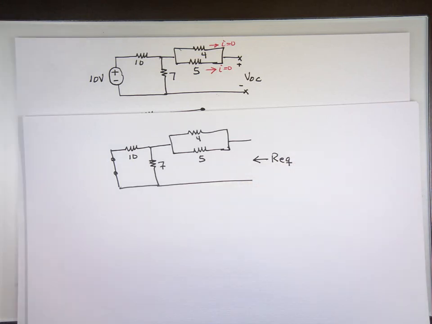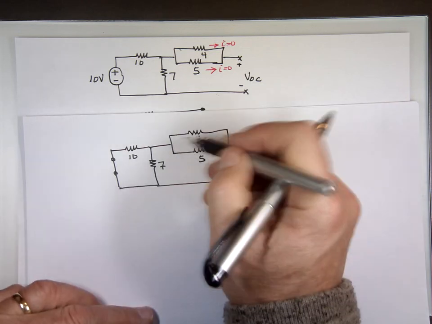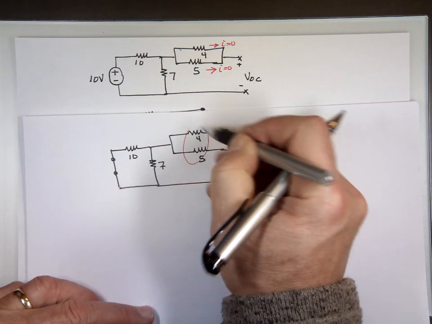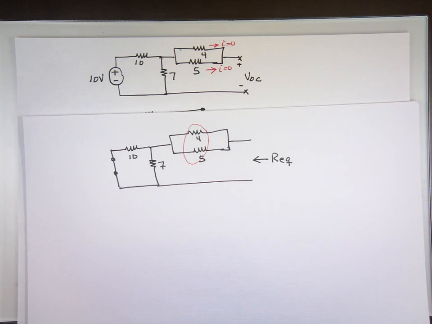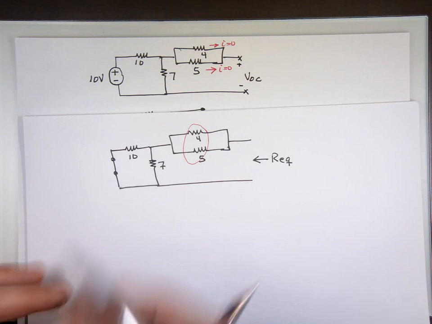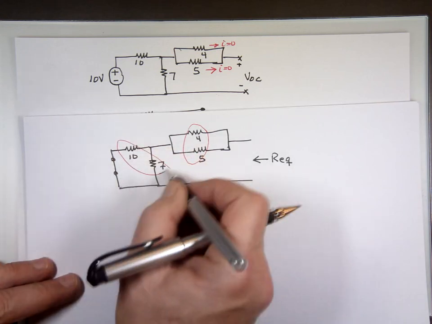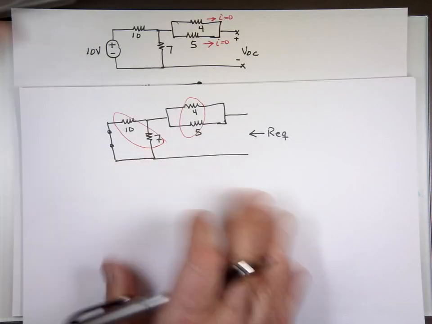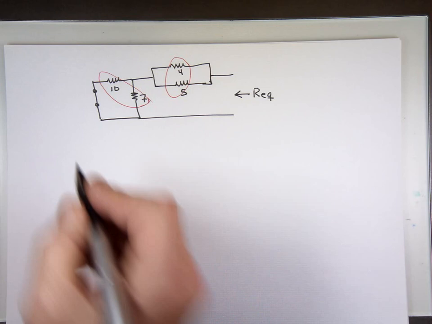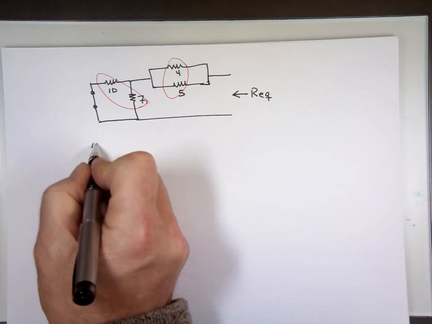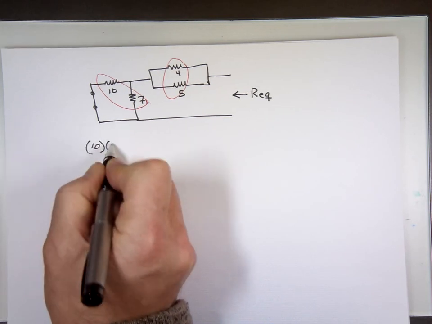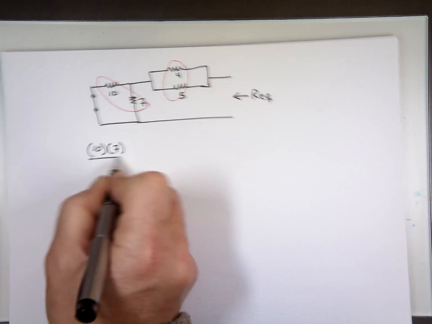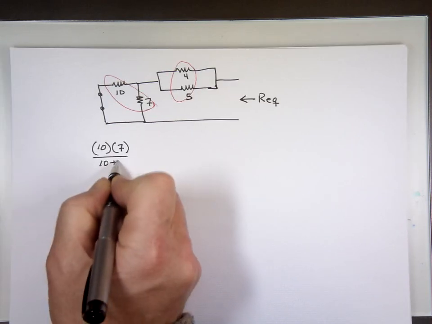Quickly, I know these two are connected in parallel. And believe it or not, these two are connected in parallel. So the equivalent of these two, the 10 and the 7, will be the product over the sum, 10 times 7 over 10 plus 7.